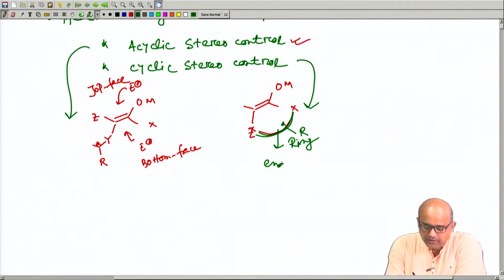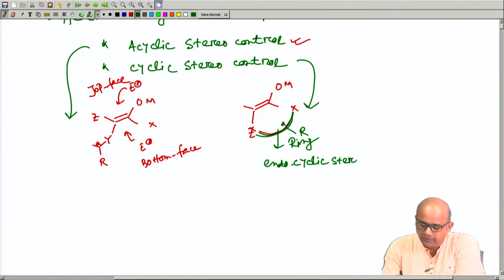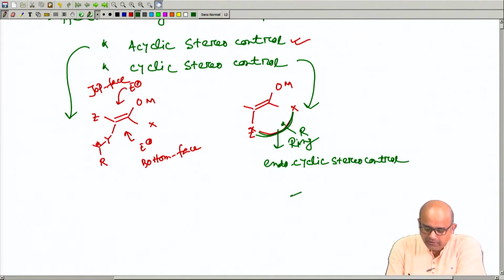different ways. In the way we just now drew, it is endocyclic stereocontrol, meaning the olefinic unsaturation of the enolate is within the ring, and sometimes it may happen that your enolate is formed outside the ring.